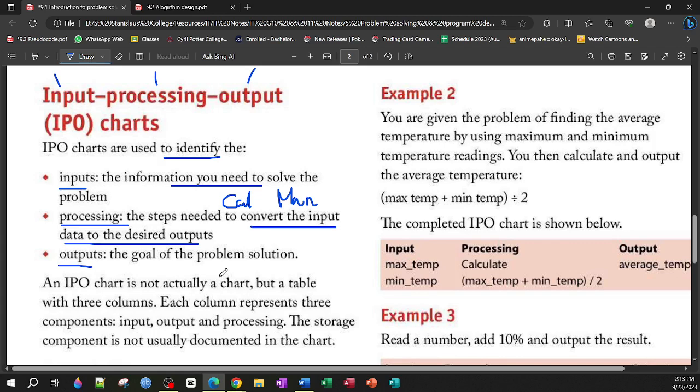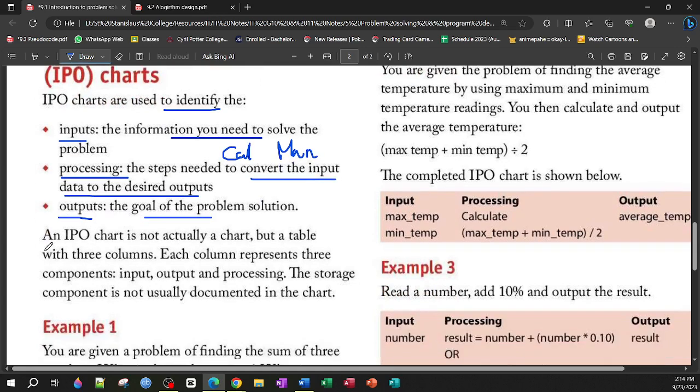And then lastly, for that chart, you have to document the output, which is the goal of the problem. What is the result? What do you want from this program, basically, this algorithm? What should be the output?